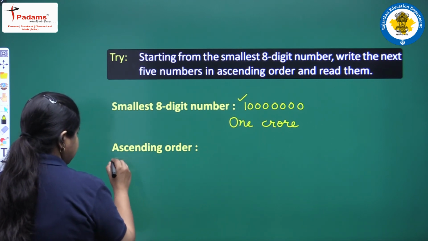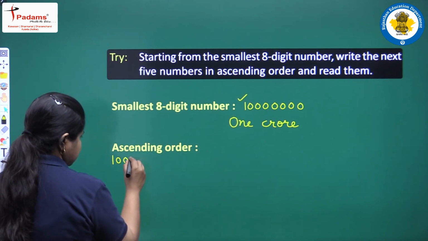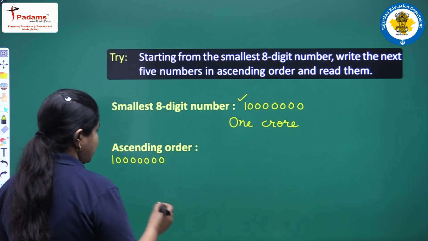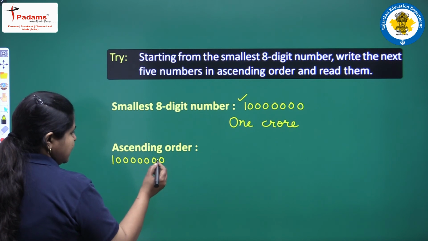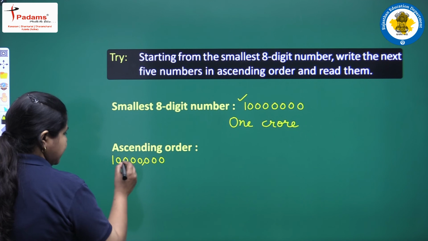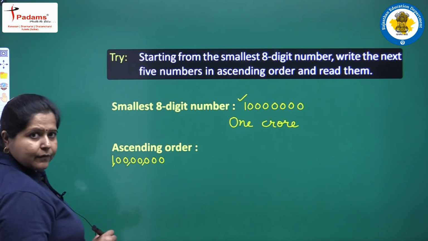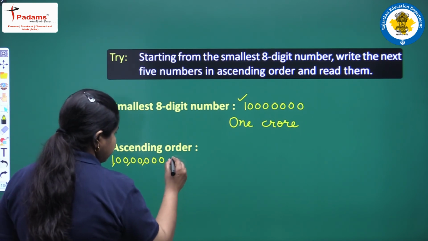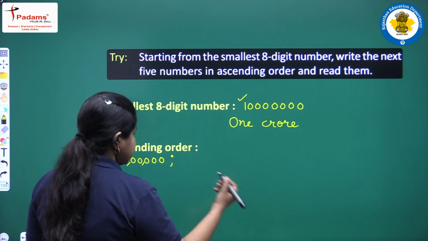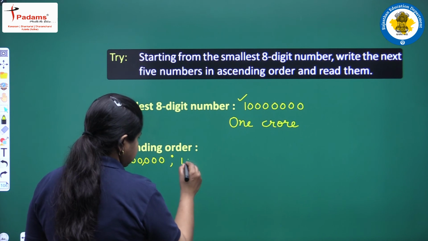Now we will write the next 5 numbers in ascending order starting from this itself. So we write the first number is this one. Let us insert the commas 1, 2, 3. Ones, tens, hundreds, first comma, 1000, 10,000, lakh, 10 lakh. This is the first number. Then we will have the second one. To write the next number, we will add 1.